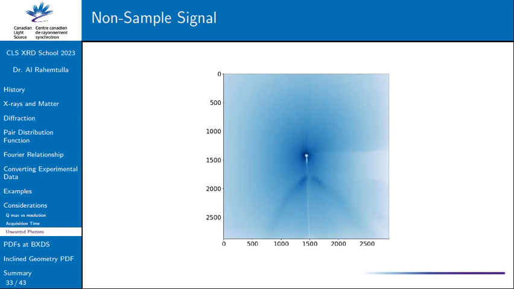We see these weird tails that are coming from scattering hitting the beam stop. It's probably hard to tell on here because the contrast isn't great on a projector, but there are actually very tiny diffuse rings here that are from the Kapton holder itself. And then there's also this little weird shadow here, which is actually air scattering being shadowed by our sample holder.